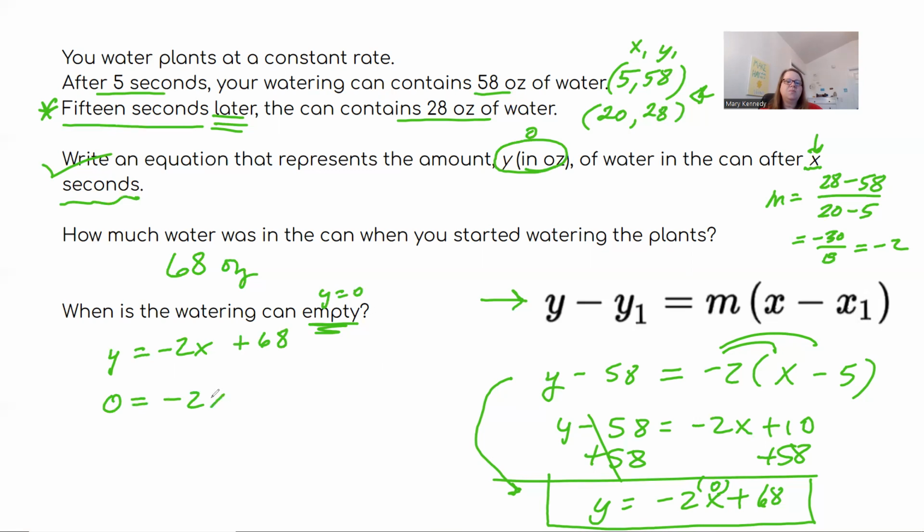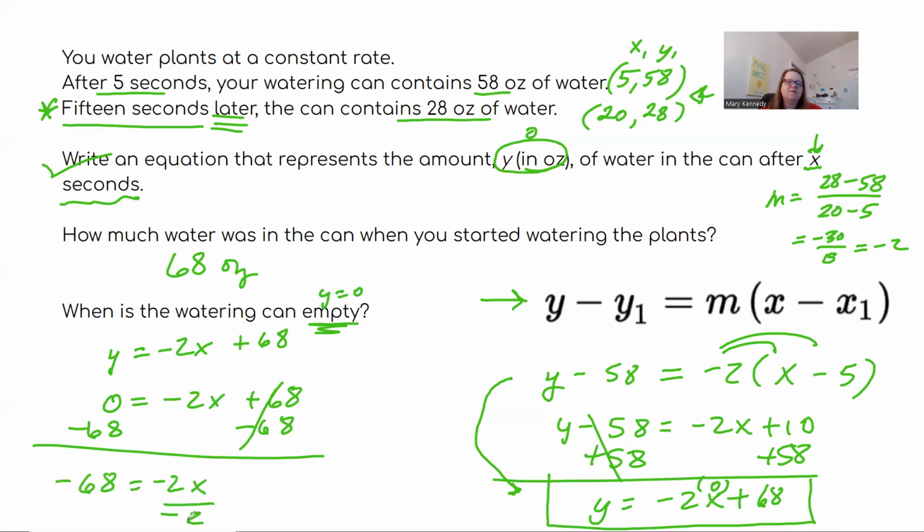So we would substitute Y with the 0. So I'm going to subtract 68 from both sides and get negative 68 equals negative 2X, and divide both sides by negative 2. And X is 34, and that means after 34 seconds, the watering can is empty.